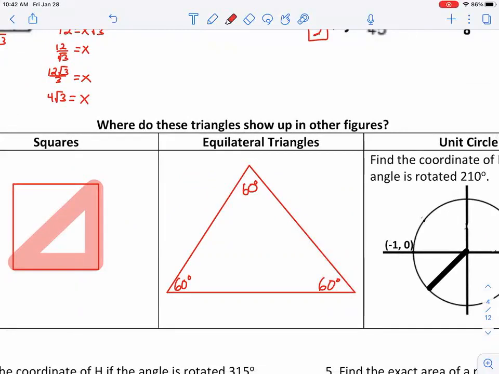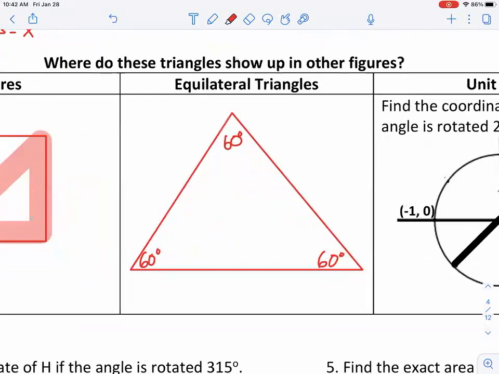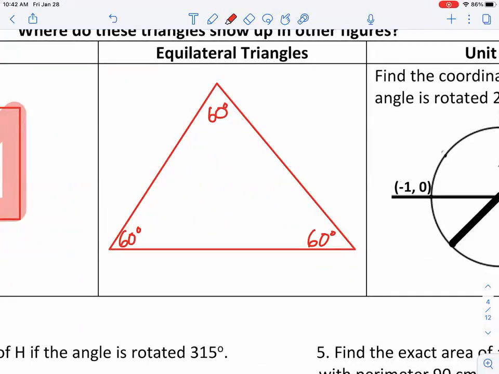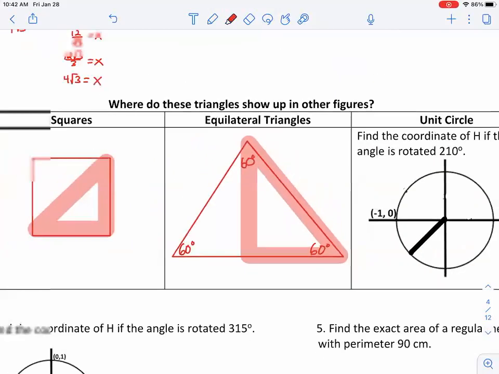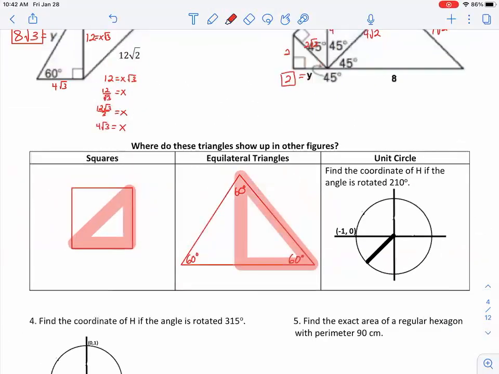Well, if you drop in an altitude, remember an altitude is a segment from a vertex perpendicular to the opposite side, we end up with a 30, 60, 90 triangle. Okay, so a 45, 45, 90 is half a square, and a 30, 60, 90 is half of an equilateral triangle.